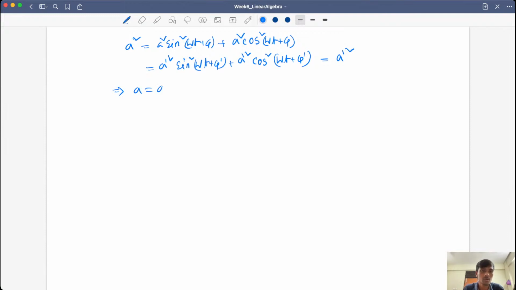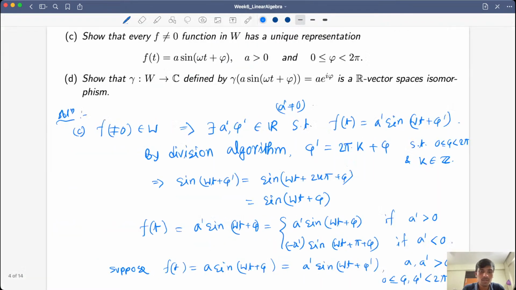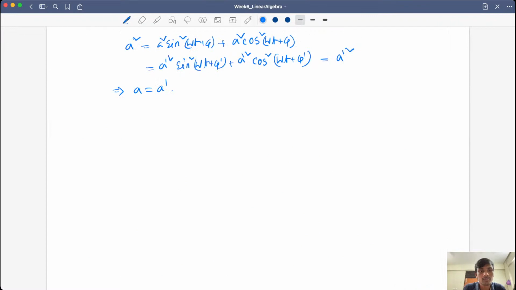Once you have a equal to a prime and that is positive, this also implies that sine(omega t plus phi) is the same as sine(omega t plus phi prime).